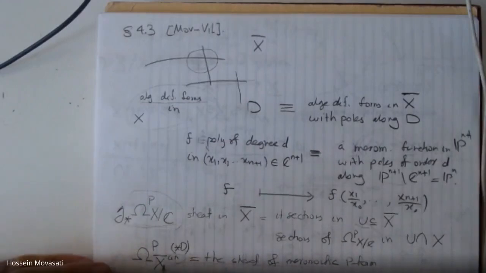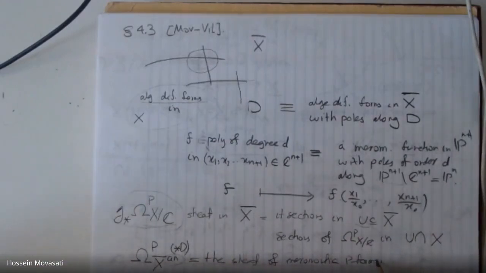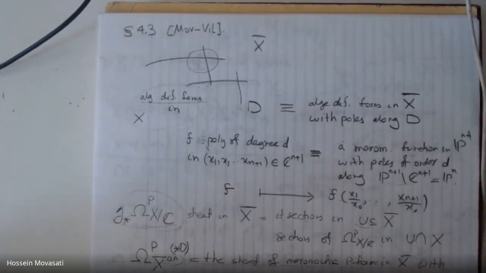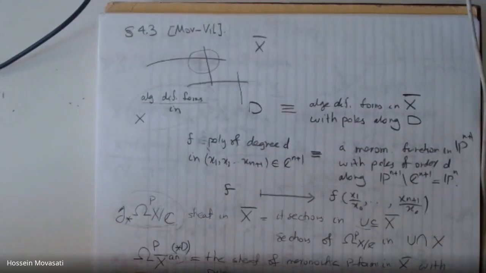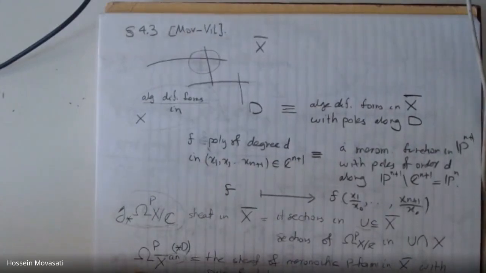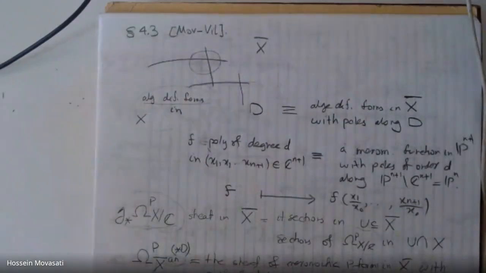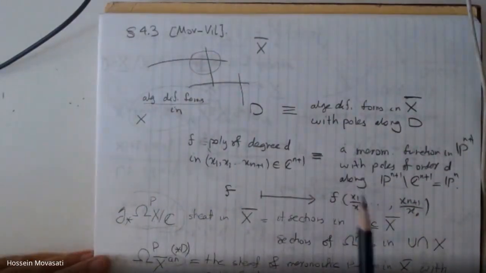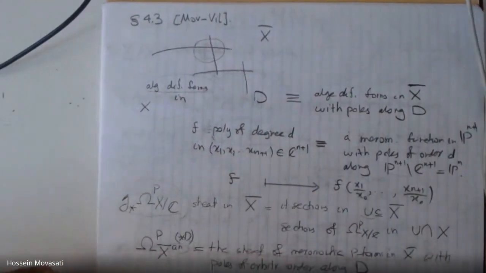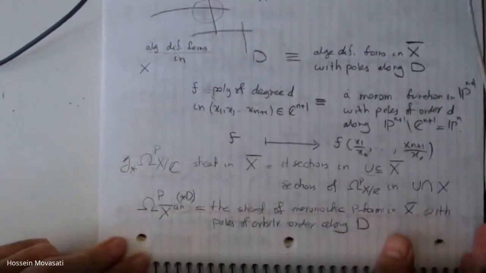So whenever I put analytic, I am in the holomorphic context. P-forms in X bar with poles of arbitrary order along D. Anyway, what I am saying, maybe I write also this one and then explain a little bit more.